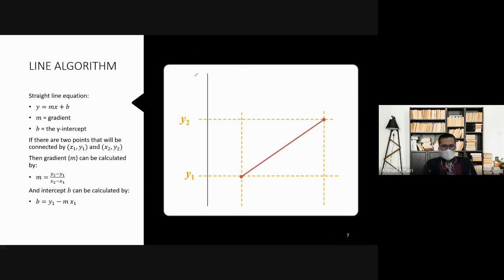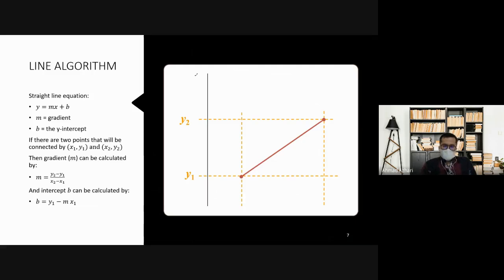After you get the gradient, you also search for the intercept b, which can be calculated using the gradient you have reached before: b equals y1 minus the gradient multiplied by x1.